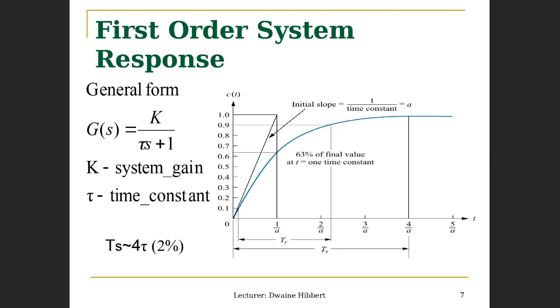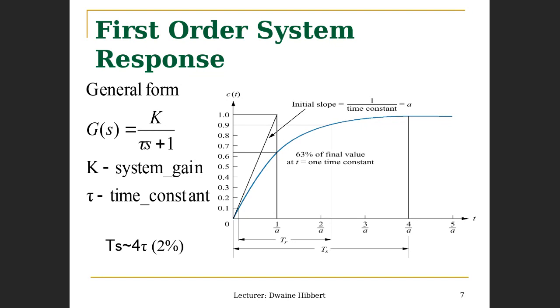We're going to look at these terms, peak time, rise time, settling time and so forth, in terms of two types of system response. We start out with the response of the first order system. What you're going to find is that the response of first order systems has a consistent shape.